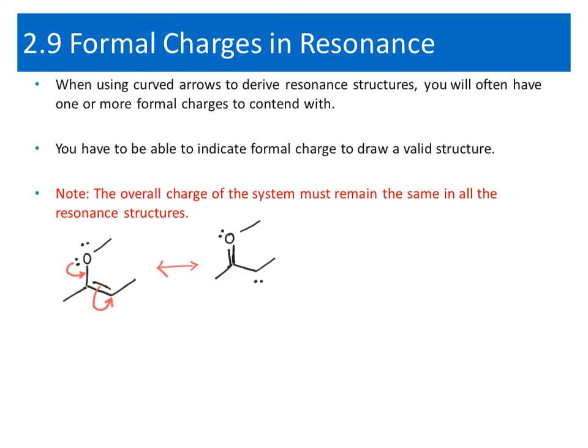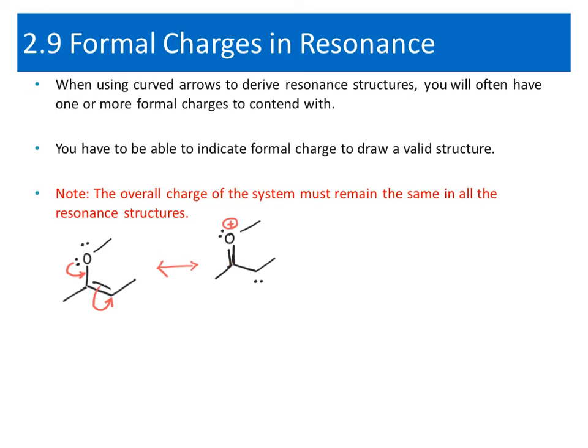So let's look at the oxygen. Oxygen has 3 bonds and a lone pair of electrons, so we already know that it always gets a plus charge.